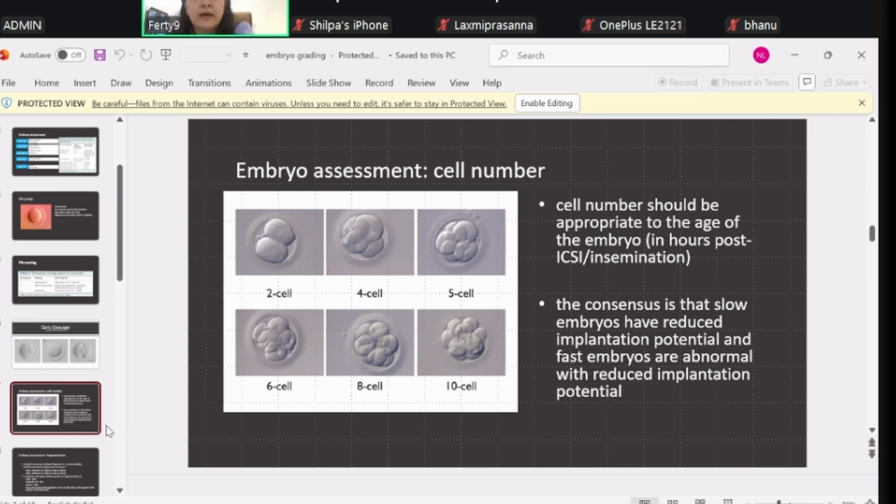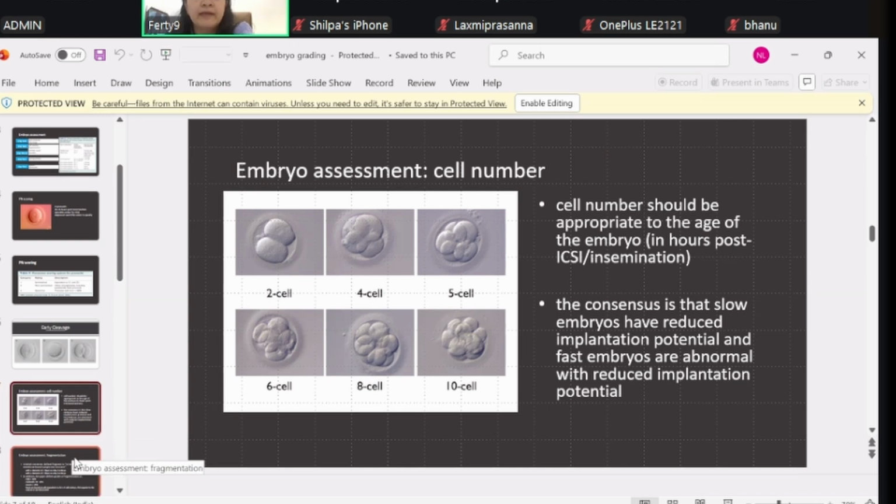Sometimes after ICSI, some embryos grow very fast, like instead of 6 cell, it will be around 10 cell. Those types of embryos generally have abnormalities and also reduced implantation potential.